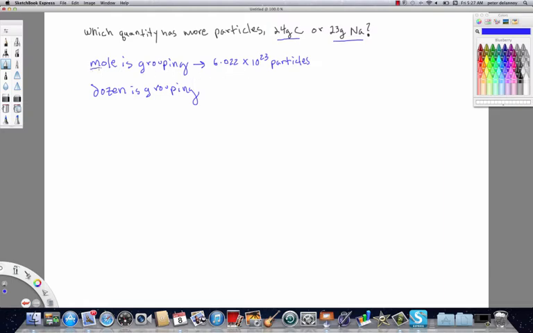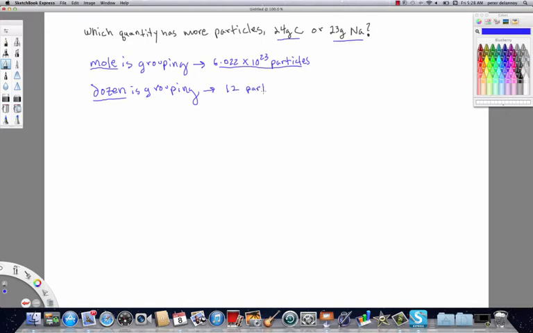So we have decided to use this name to distinguish a number, and that number is 6.022 times 10 to the 23rd. Just like with the dozen, we utilize this name to indicate that there are 12 of whatever.